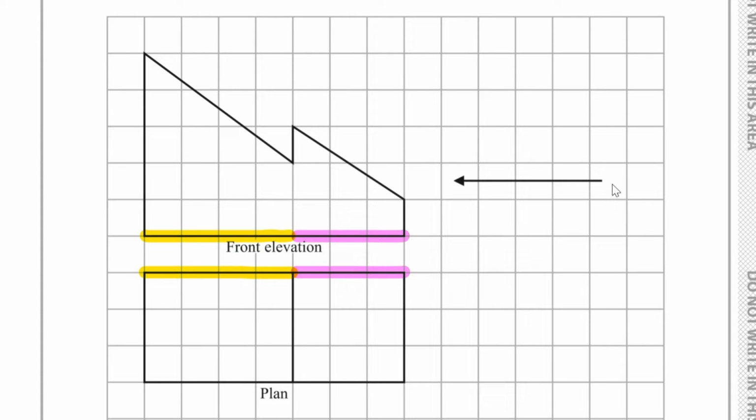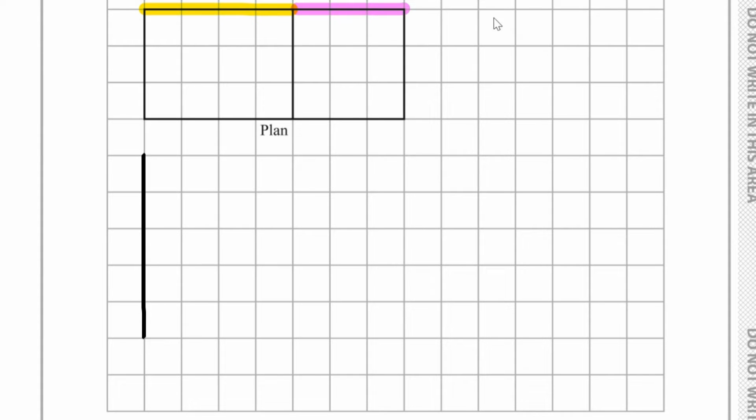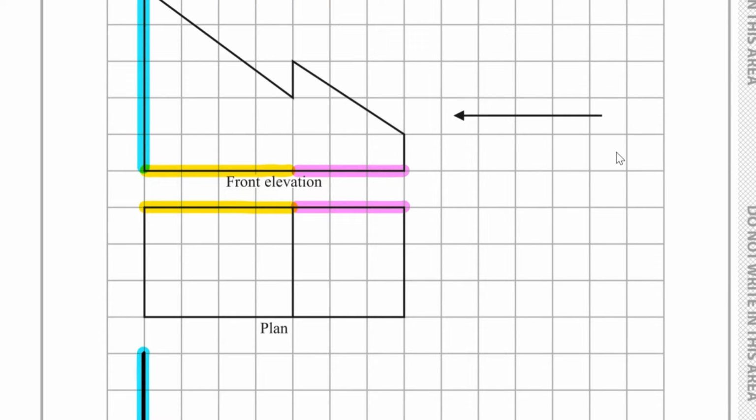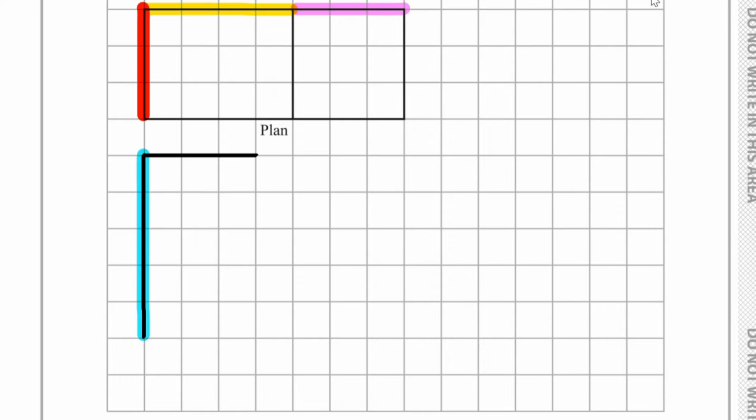Now, when we look at the shape from this view, the total height will be 5. So that would correspond to this bit here. And the width will be 3, which means we have a width of 3 as we see here.